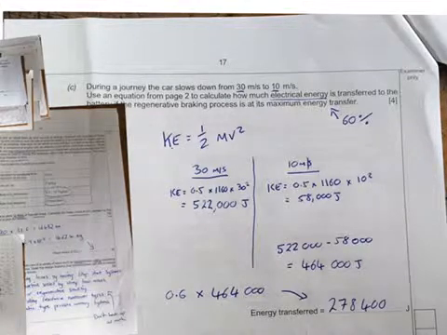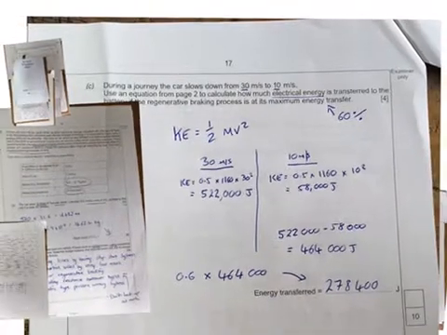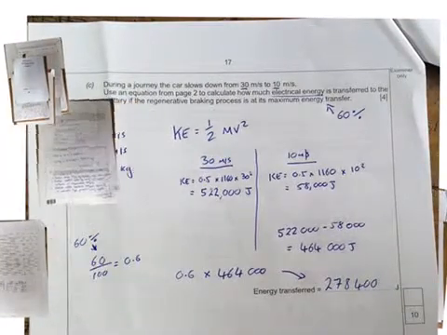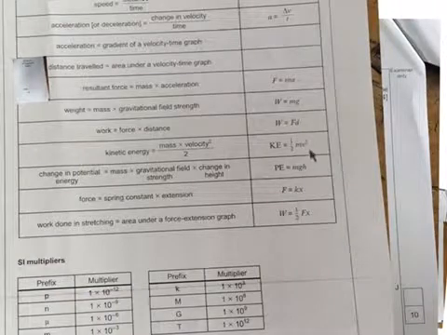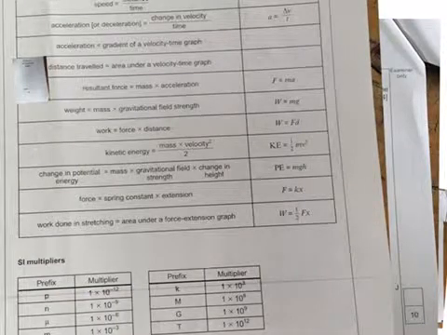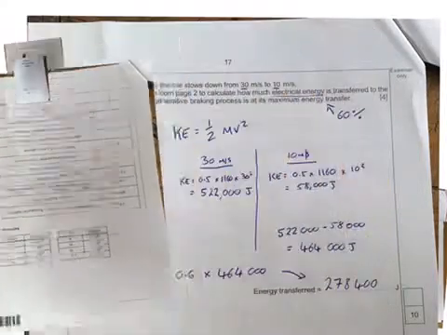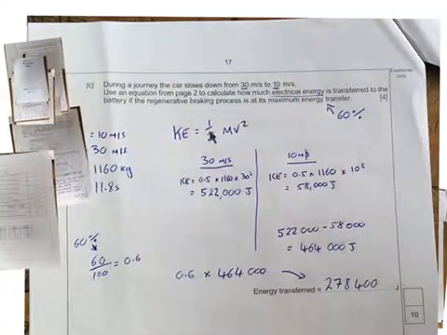So the kinetic energy from the car, let me just sort this out in a minute and show you which equation I'm using. I'm using KE equals half mv squared there, because I've got a velocity, I've got a mass. I'm just trying to find out the kinetic energy, because the kinetic energy is going to be converted into electrical energy. So let's find out how much electrical energy I got.